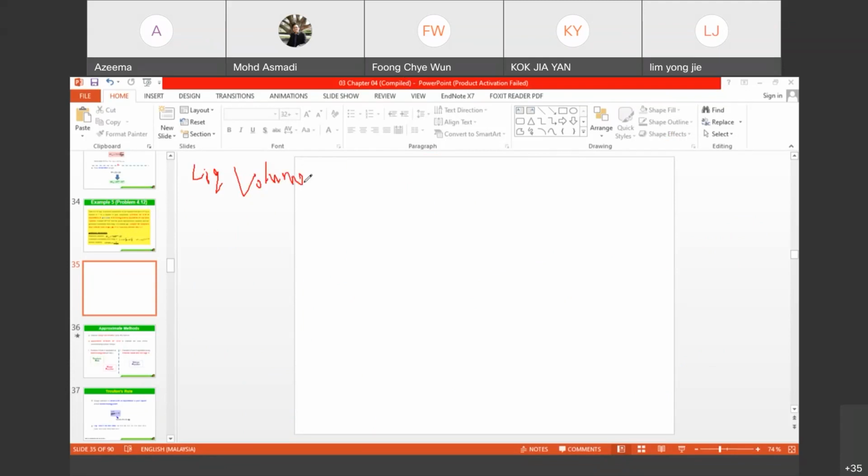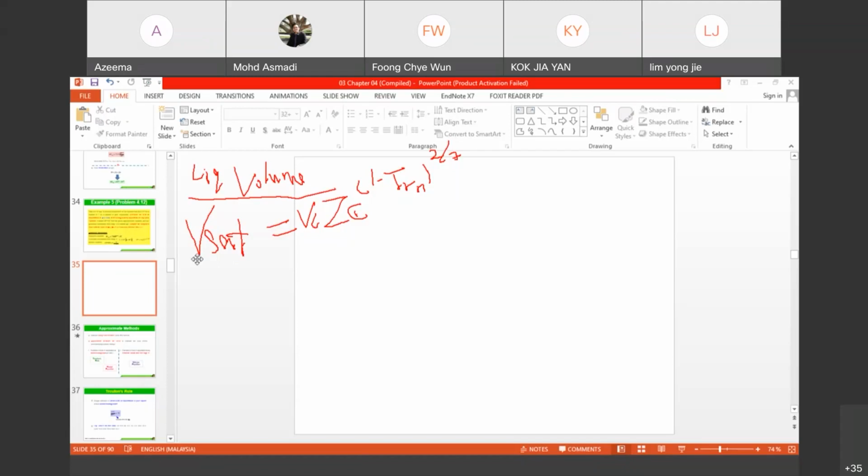For the liquid volume, you just use V saturated equal to VC ZC to the power of (1 minus TR), this one TRN, to the power of 2/7.